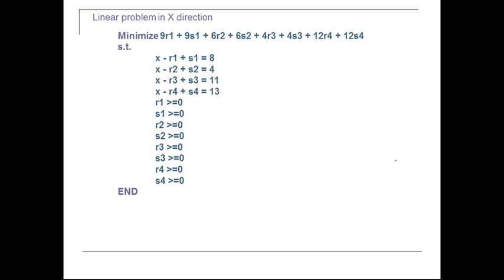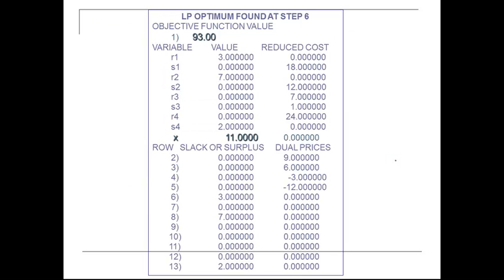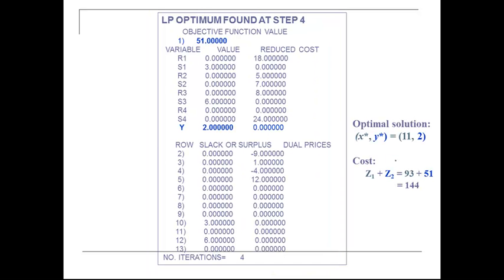So we have two formulations. The computer will give you, based on the first problem, what will be the x value. In this case, x equals 11. That's your first coordinate. And you have an objective function of 93. And then you solve the problem in terms of y. The objective function will be 51.